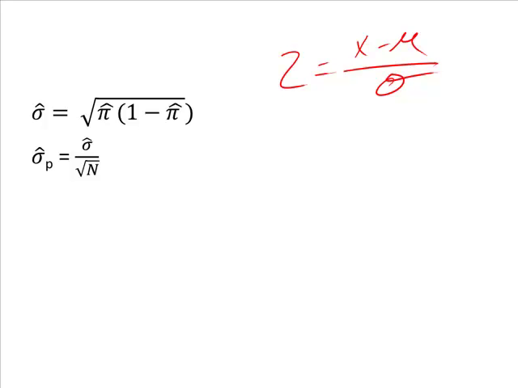But the concept of variation, variability, standard deviations, standard errors, they don't work so well when you have data that is a proportion. So we have to compute these in a different way. So our new version of our standard deviation is going to be the square root of pi times 1 minus pi.